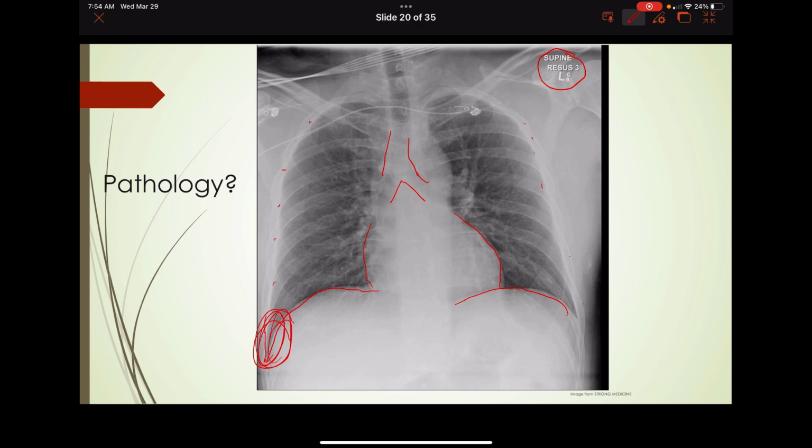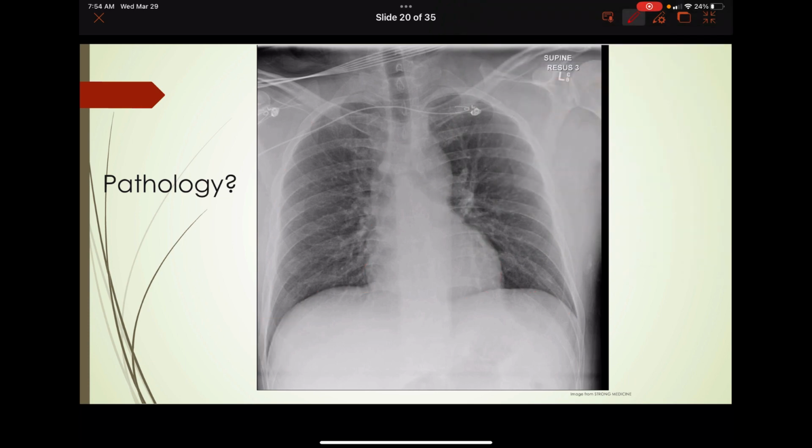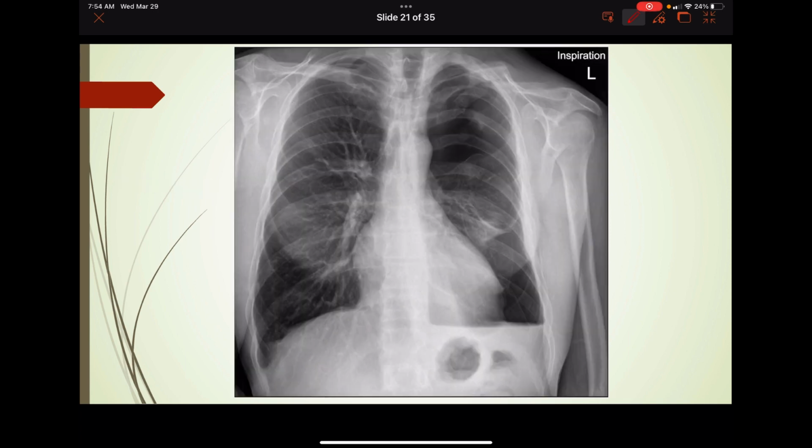But this is a deep sulcus sign and means that there's most likely a pneumothorax. If you can't raise them up and you're unsure, or don't have ultrasound, you could do an expiratory film that would show that much better as well.